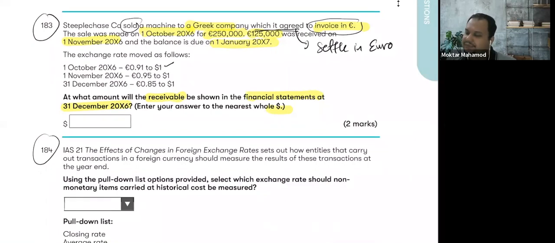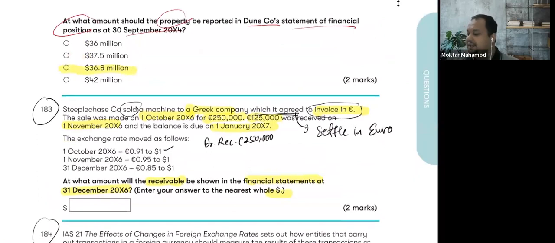So one of your friends gave me the double entry first. Debit receivable for sure. When you make the sales, debit receivable, and then 250,000 euro. Yes, some of you may multiply with 0.91, and some of you may divide by 0.91. Okay, we check again.